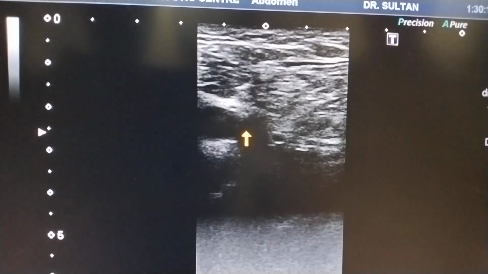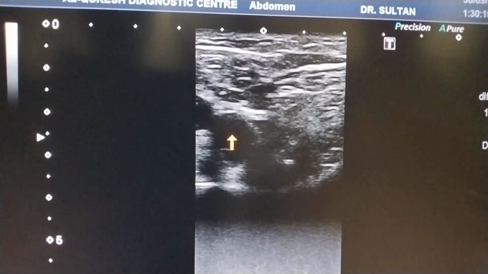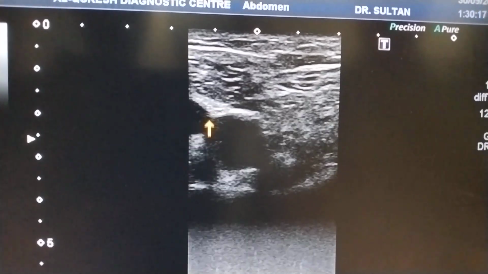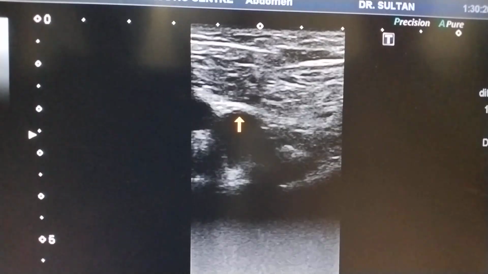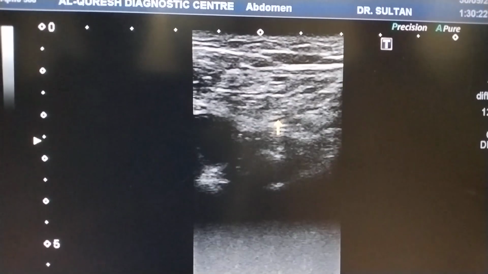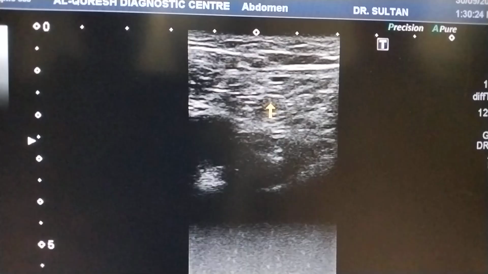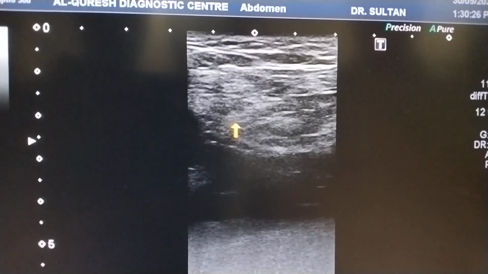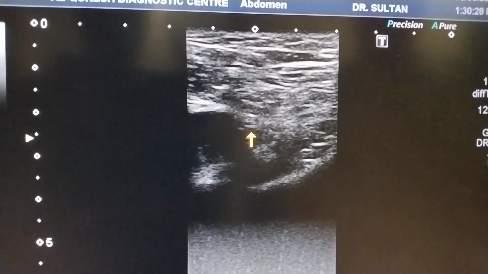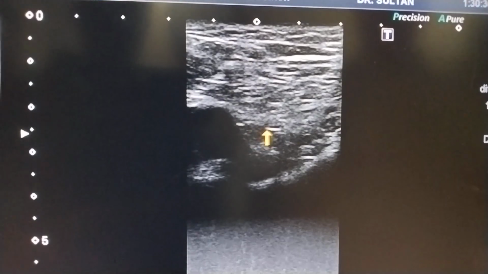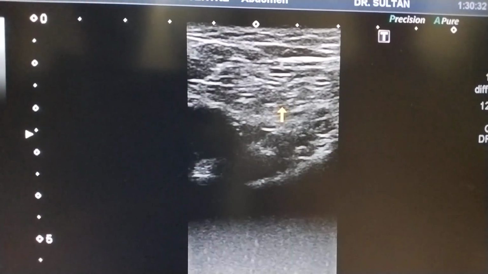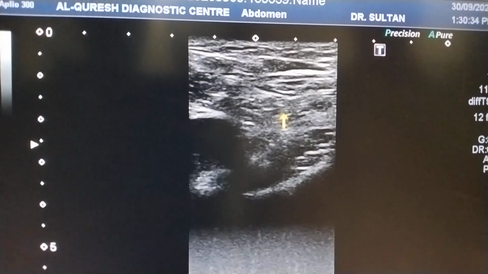Now these are the femoral vessels, which are lying lateral to this hernia. And this is the point, the deep inguinal ring, from where this herniated segment is projecting out.